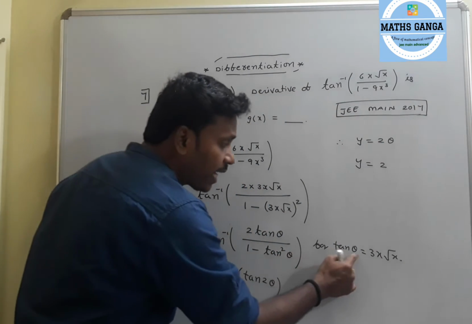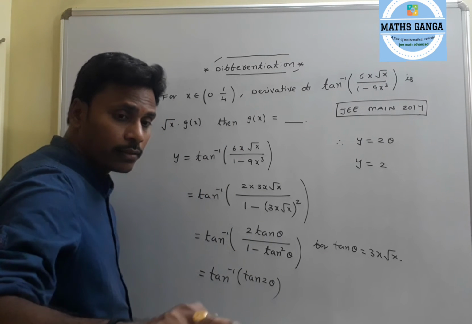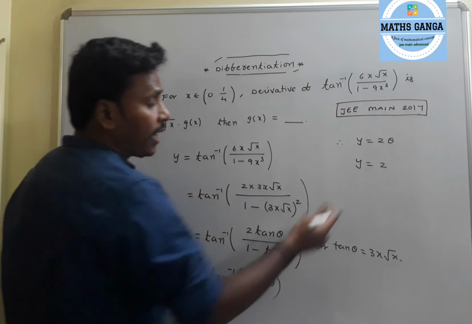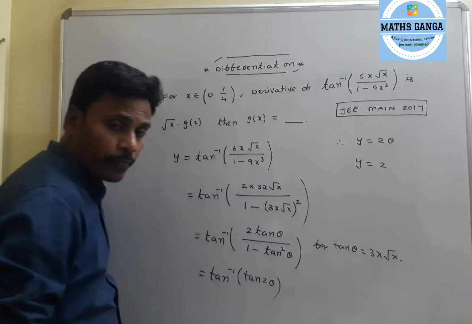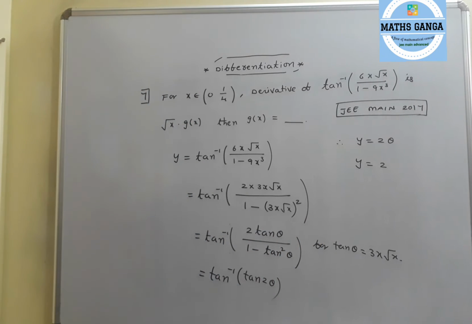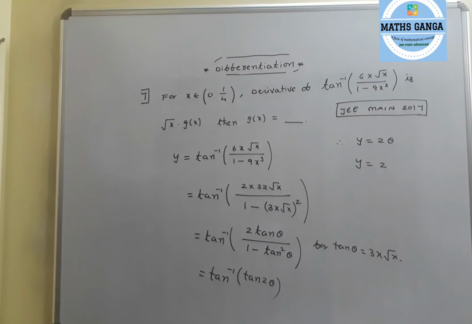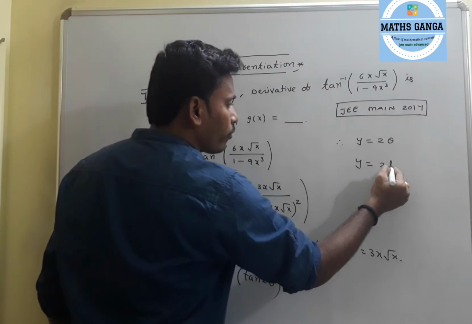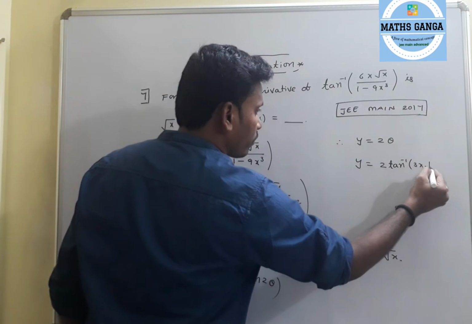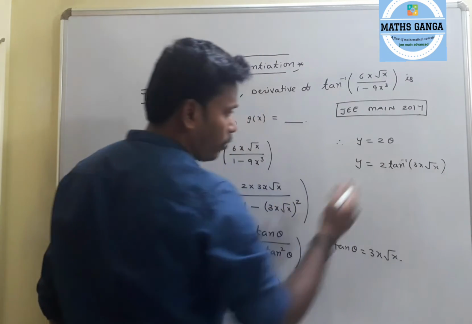See, tan theta is 3x root x, so theta is tan inverse of 3x root x. So y is equal to 2 tan inverse 3x root x.